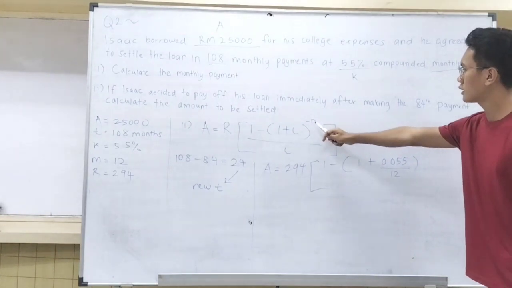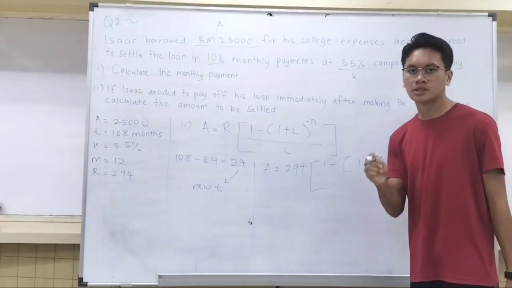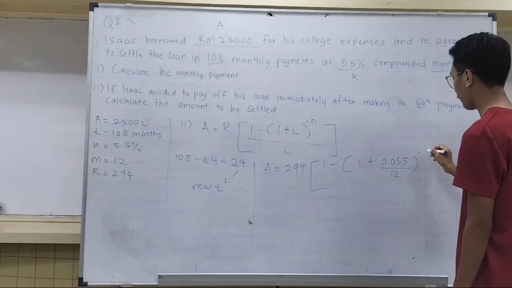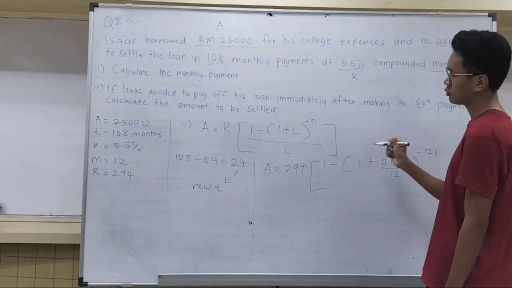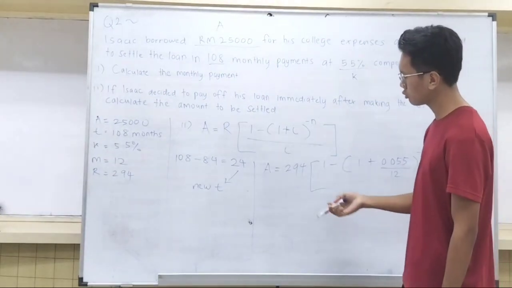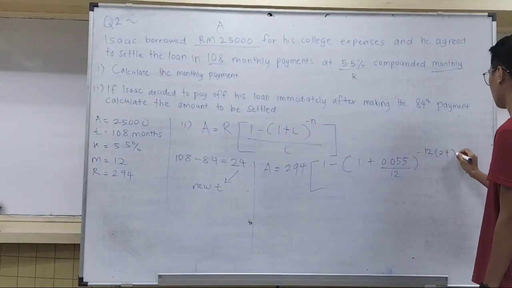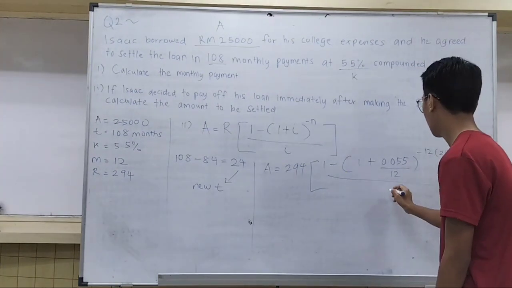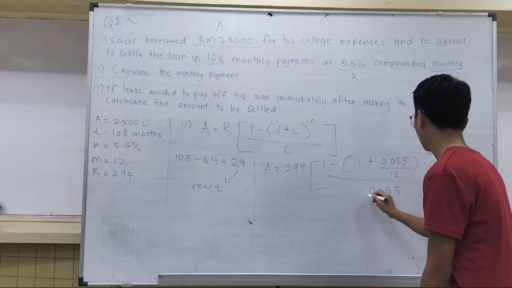Then negative exponent. As we know, n is m times t, right? So negative m, 12, times t. What is our new t? 24. So we put it here, 24. Then over 0.055 per 12.